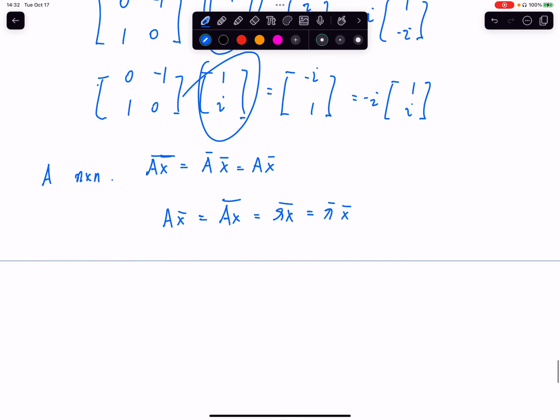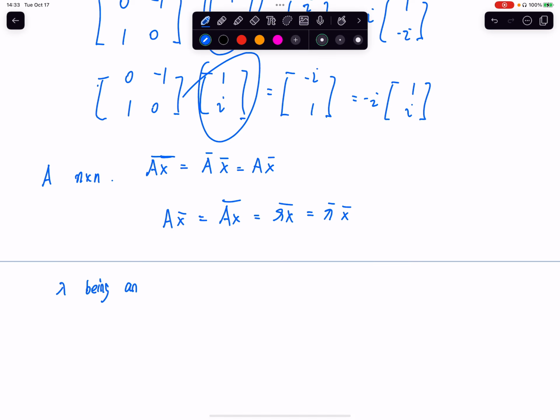So starting with lambda being an eigenvalue of A, we know that lambda bar is also an eigenvalue of A. And starting with x being an eigenvector of A, we end up with x bar being another eigenvector, corresponding to lambda bar.